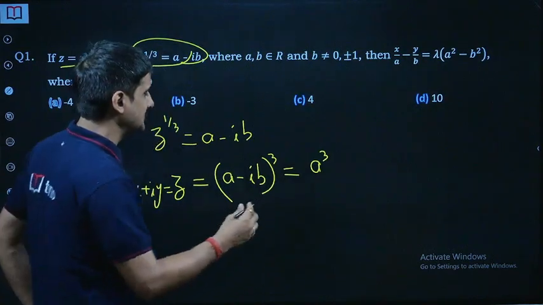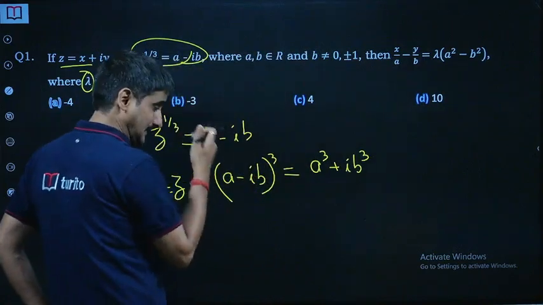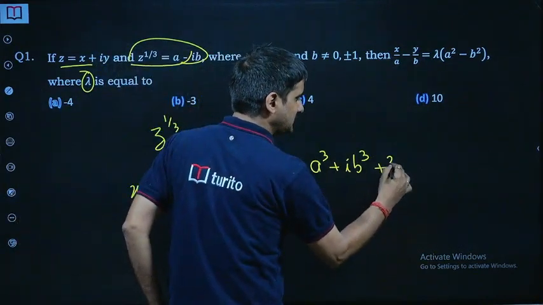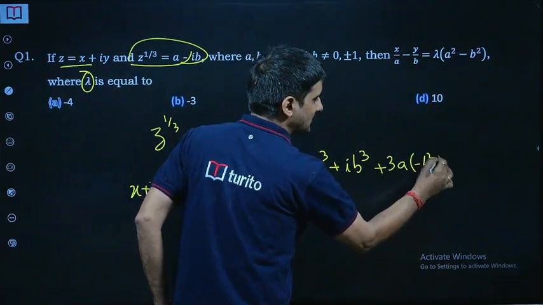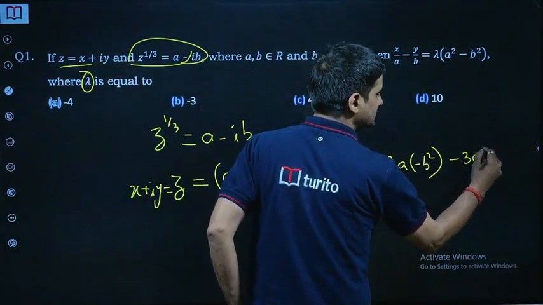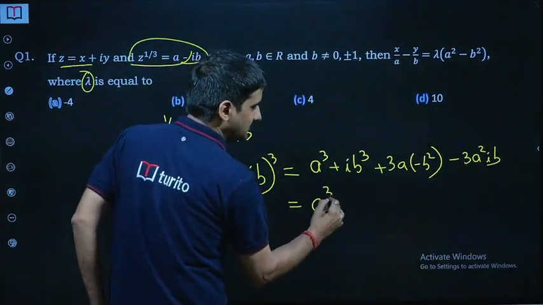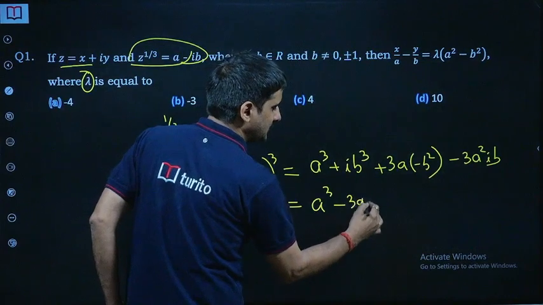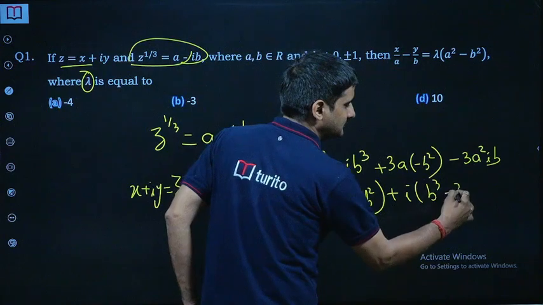Iota cube is minus iota, so plus iota b cube, and then plus 3a iota square b, so it's minus 3a b square, and then minus 3a square iota b. So the real part is a cube minus 3ab square, and the imaginary part is b cube minus 3a square b.